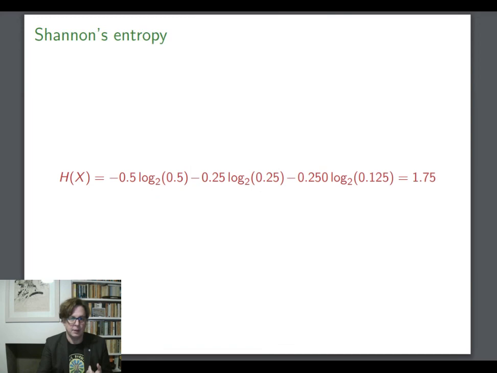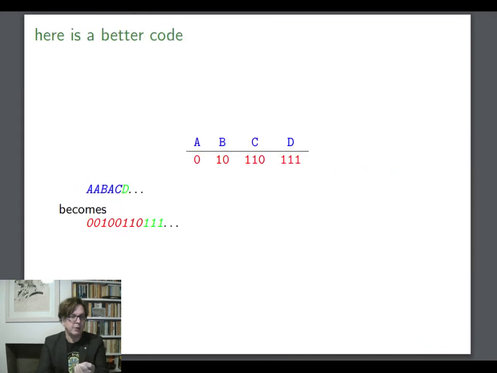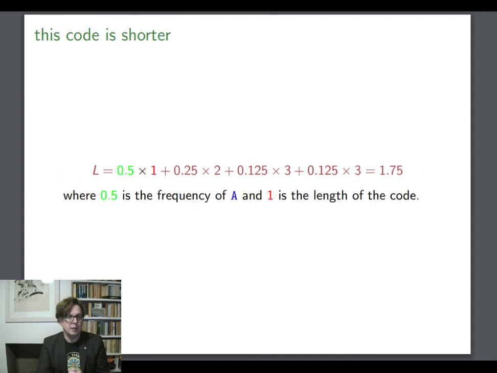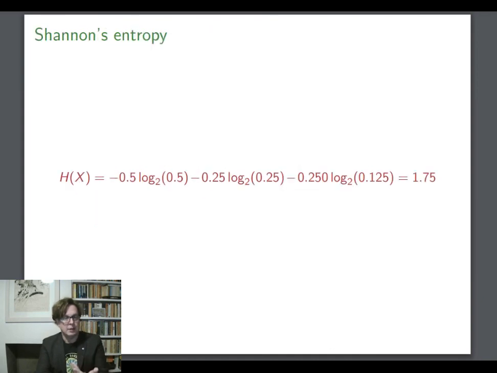So if you look, you see we had the log to the base 2 of 0.5 is 1, and when we came up with our code, we had a code word for A that was length 1. Similarly, the code word for B was length 2, and in the calculation of Shannon's entropy, B contributes a log of 0.25, which is equal to -2.